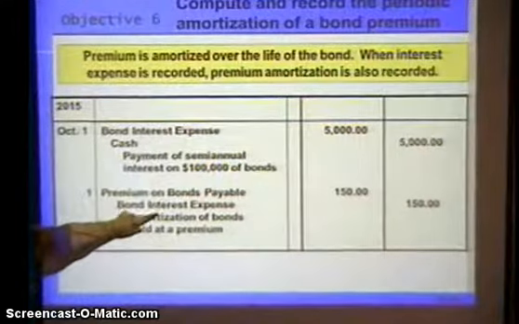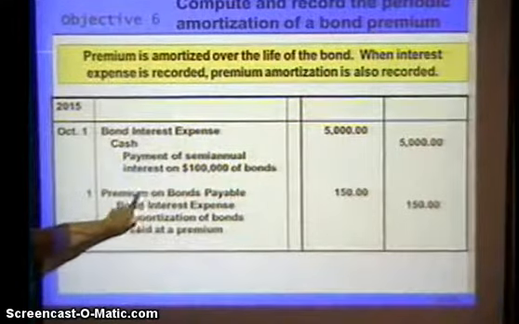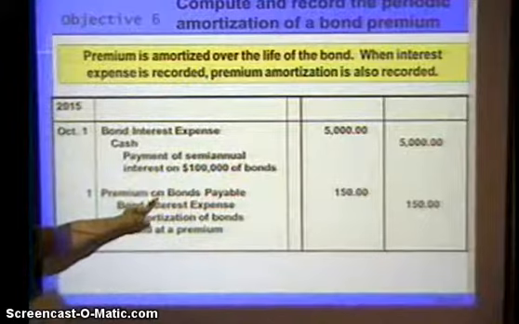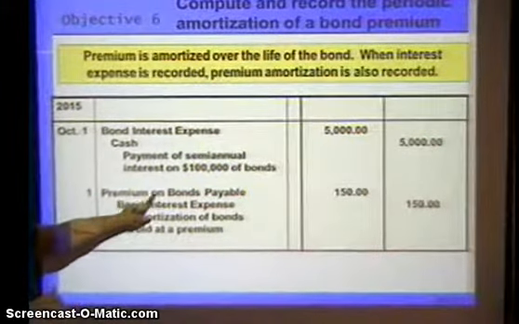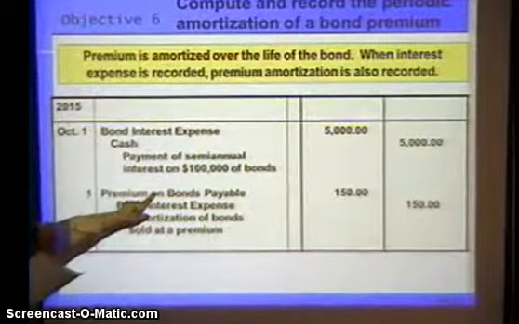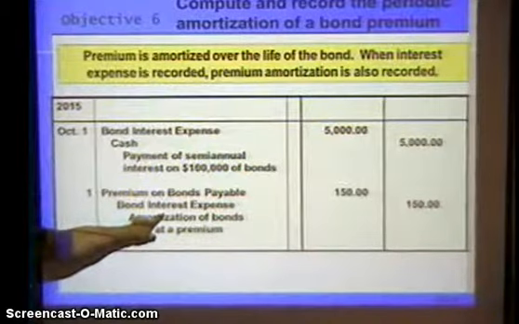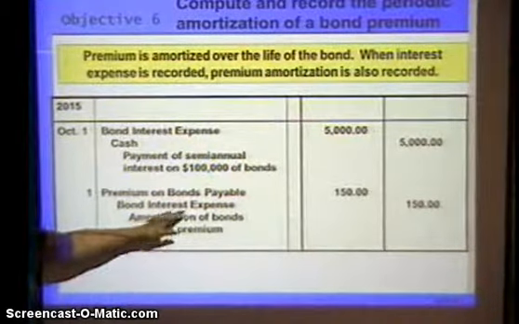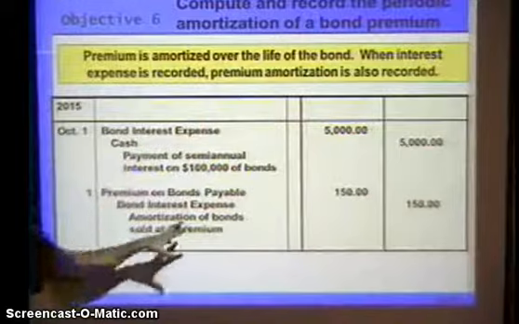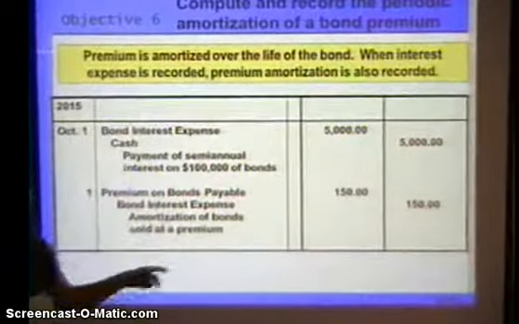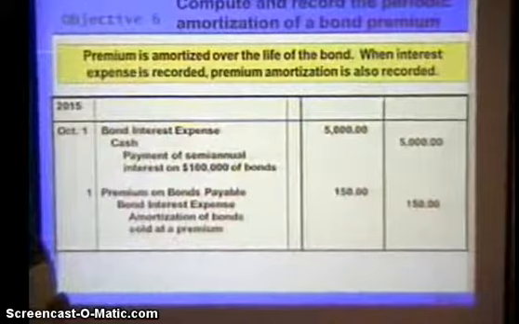And the premium we show is, okay, of that or in that, $150 of the premium was paid out, and that is considered bond interest expense. So as we amortize that semi-annually, we're taking out a part of the premium each 6 months also.